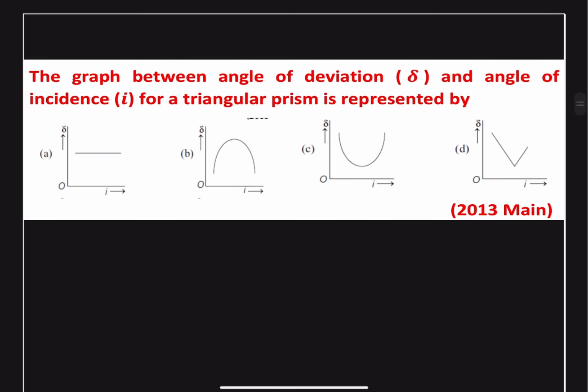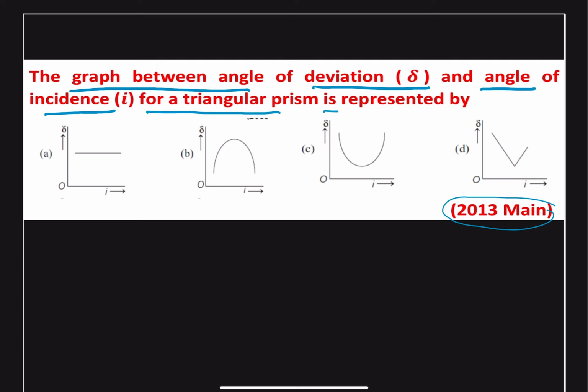So we can go to the next question, and it was also asked in 2000 mains, and it states that the graph between the angle of deviation delta and the angle of incidence i for a triangular prism is represented by.